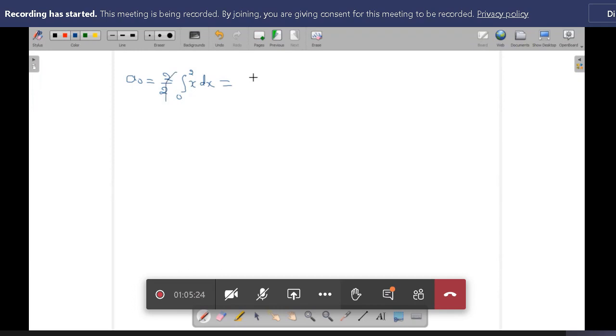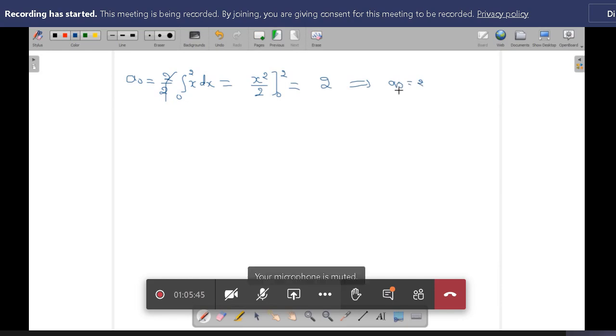Integration of x is x square by 2, limits from 0 to 2. After substituting limits, 2 square is 4, 4 by 2 is 2. So a naught value is 2.